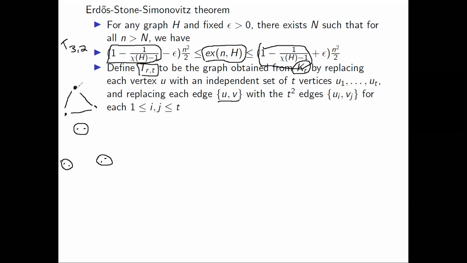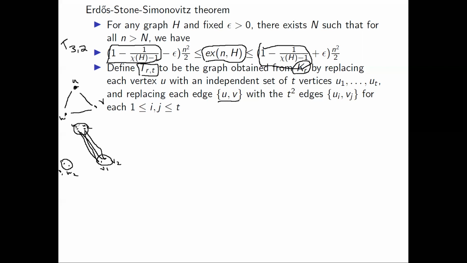So we take this edge right here from u to v, and then we have our u1, u2, and we have v1, v2. And let's say down here we have a w1, w2, and that's our w. So we have edges u1 to v1, u1 to v2, u2 to v1, u2 to v2.